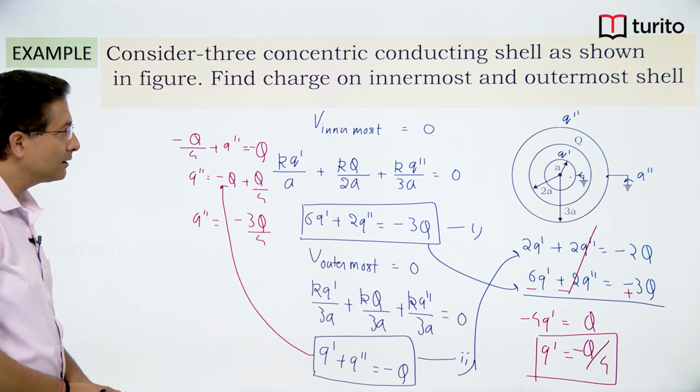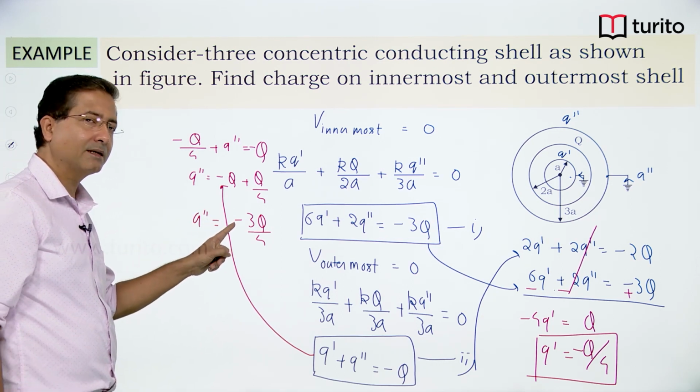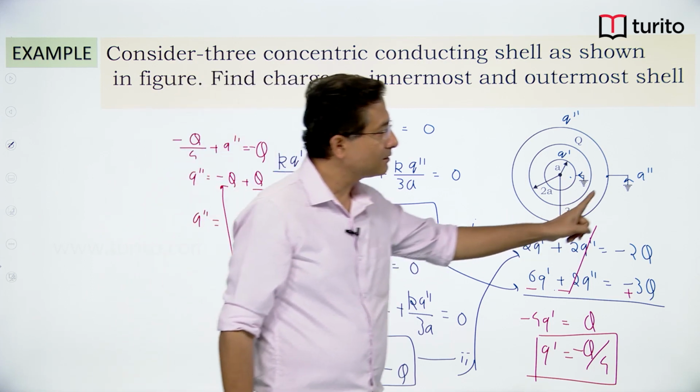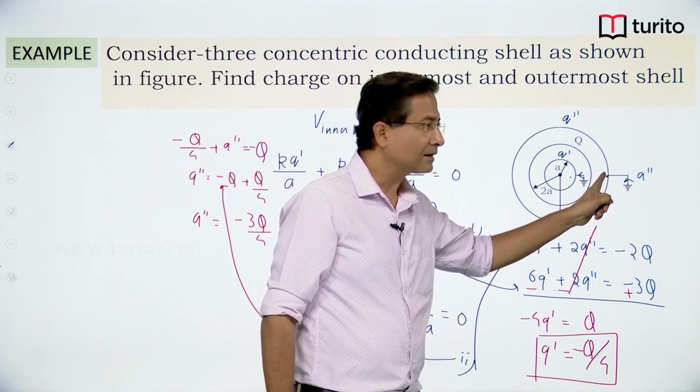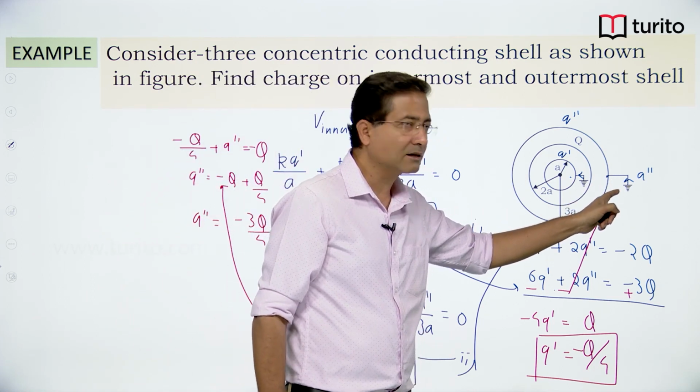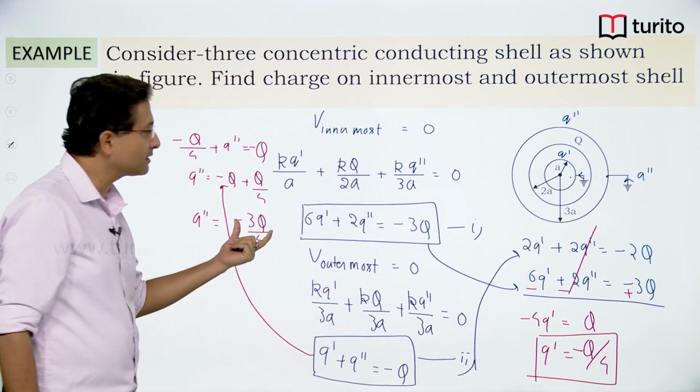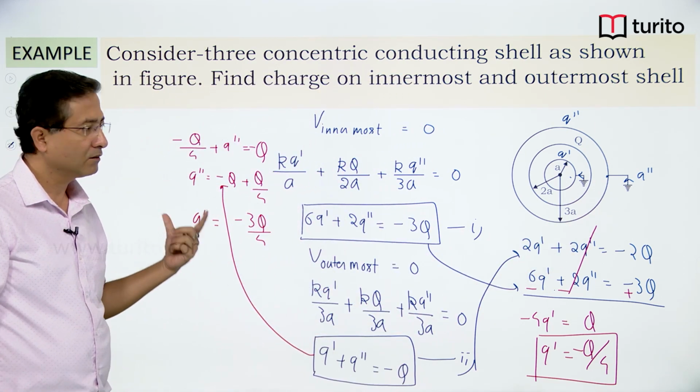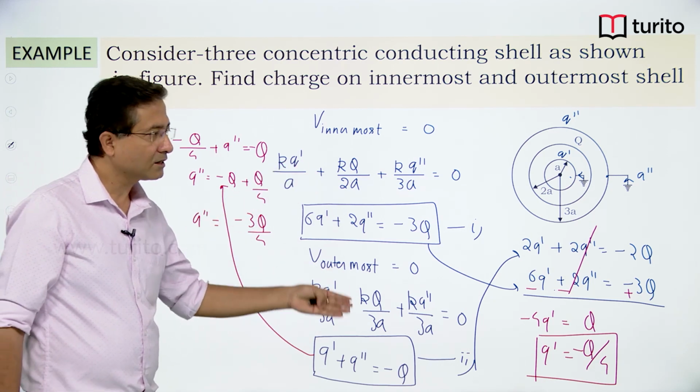So similarly here again the minus sign is appearing, that means instead of earth giving charge to the conductor, charge will be given by the conductor to earth, and the magnitude of that charge will be 3Q by 4. I hope the example is clear.